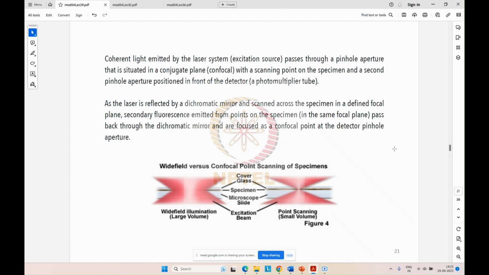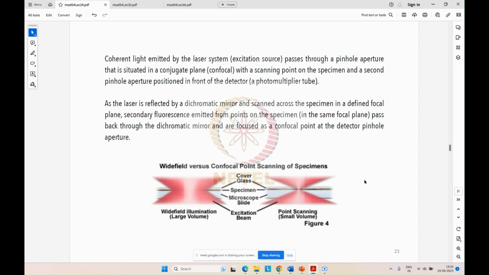What a scanning confocal microscope does is focus light on one point at a time. So you would first go here and then here and then here, and then you obtain an image of your whole sample.